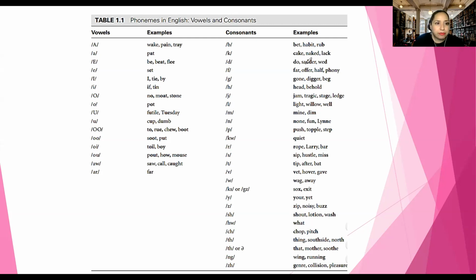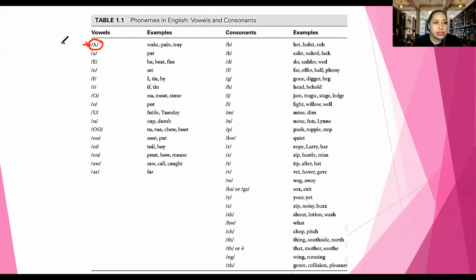So let's see. For example, let's go to the first one. How do you pronounce that phoneme? Is it A? Yes. When you see this phoneme, it is the actual sound that comes from the ABC.